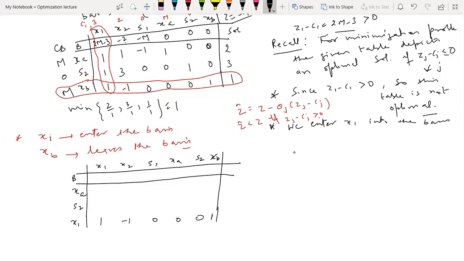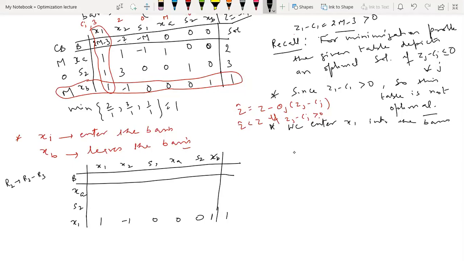For xb I'm writing 1 for the time being. Now in order to make this entry 0, I have to use this pivot to make all the entries 0. The row operation I am using here is row 2 minus row 3.